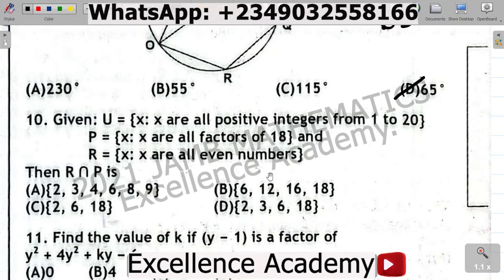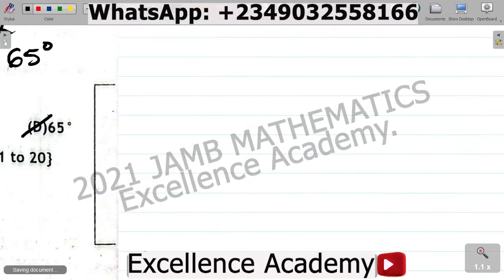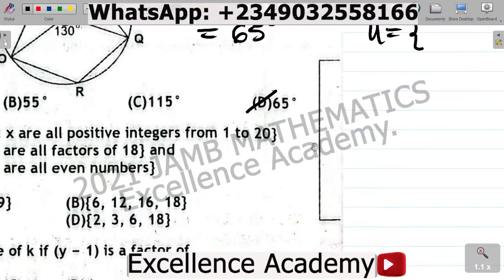Now to do that, first of all, I have to find the elements in U, the universal set. So U, we said, is equal to all positive numbers from 1 to 20.